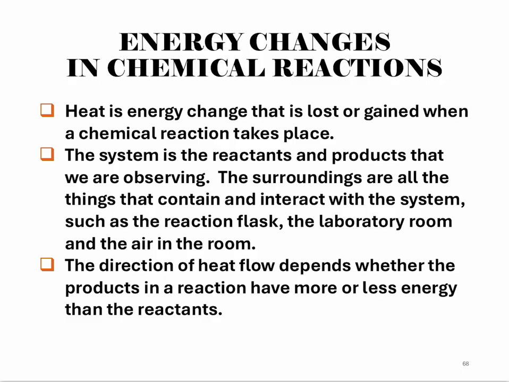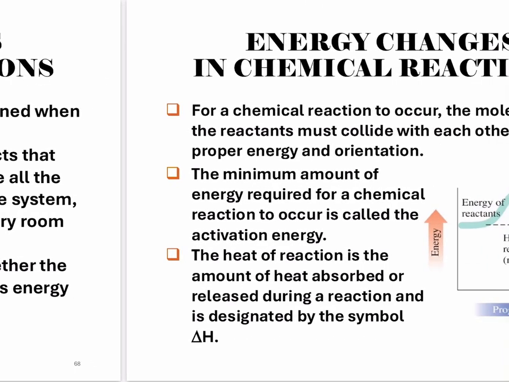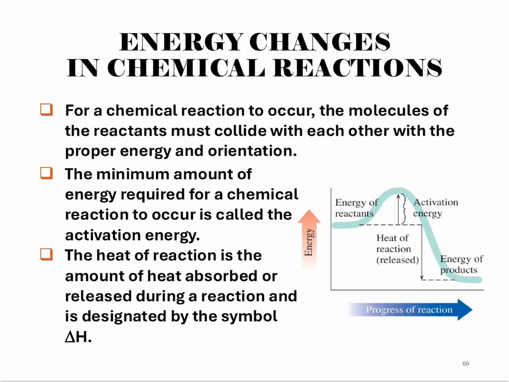And when a chemical reaction happens, the energy of the products and the energy of the reactants gives us either the amount of energy absorbed, the difference between them, or the energy released by that reaction. And so if we have a plot like this, this x-axis is called the progress of the reaction. Another way you might see that is called the reaction coordinate.